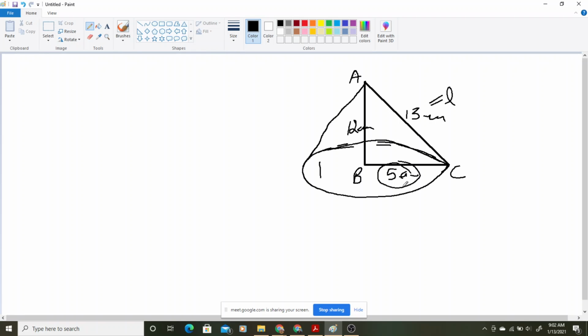It will be the radius, that's correct. Radius will be 5 centimeter. Then what will this 12 become? It will be the height, 12 centimeter.